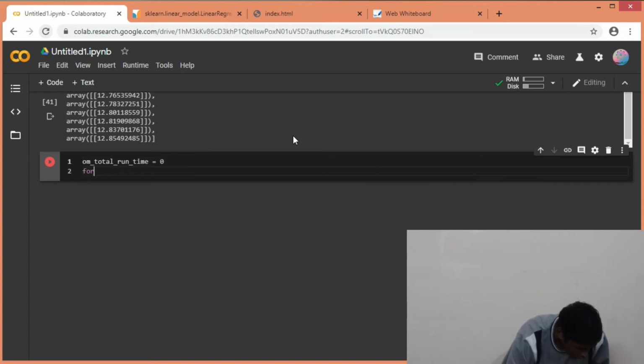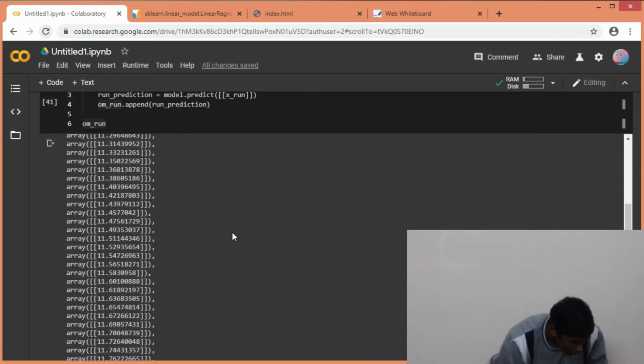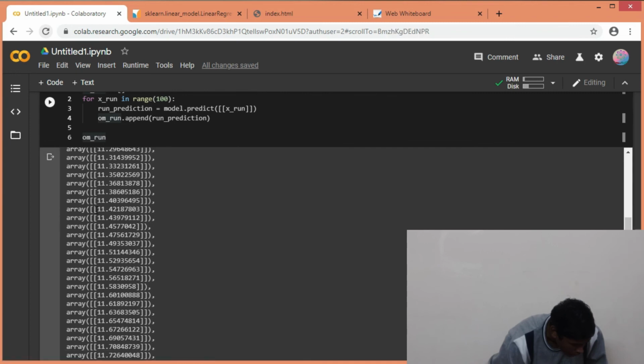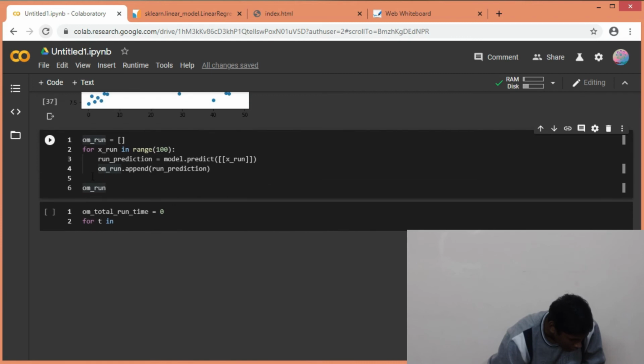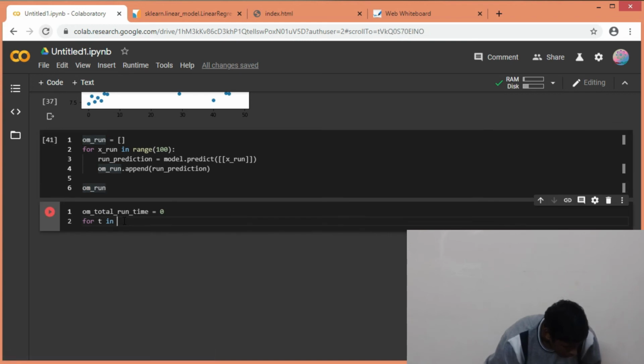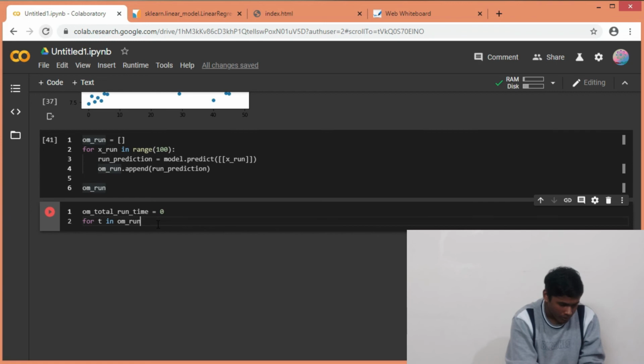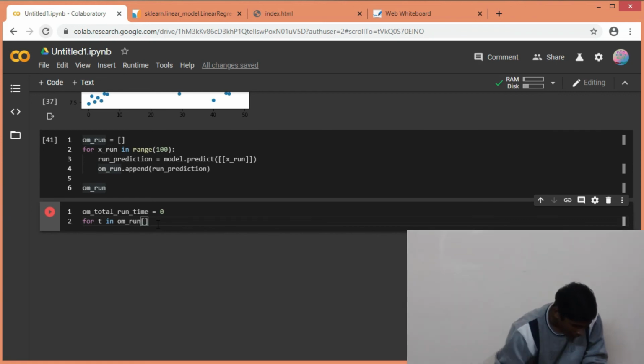Now I can say for t in, now what is this actual array? What do I have in this array? If this is annoying, you can just clear the output. So you can just say for this in om run, so this is the actual list, and if you remember, this is actually a 2D array, right?